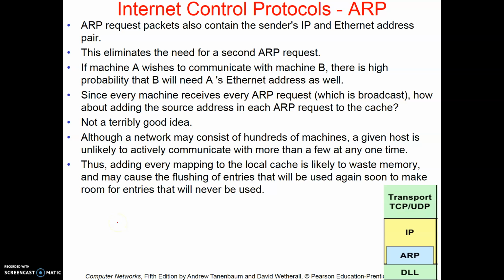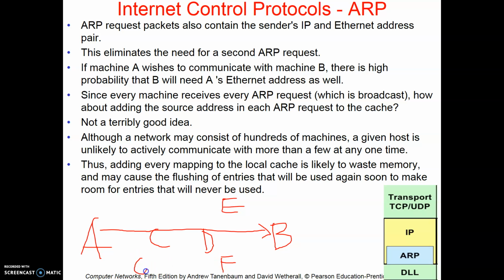In the next slide, another question which comes around is this. As you already see, A, B, C and D, and there are also E, F, G, H. These are different hosts inside this particular network.